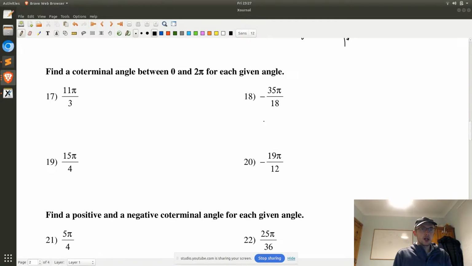Now find a coterminal angle between 0 and 2 pi for each given angle. Okay. Five pi over 3. Isn't it just 5 pi over 3?